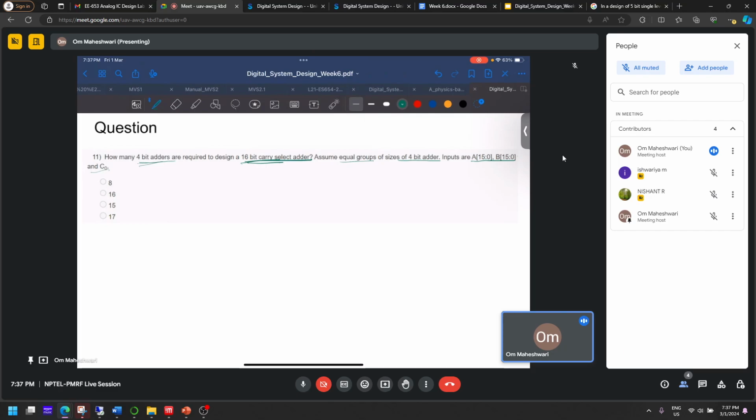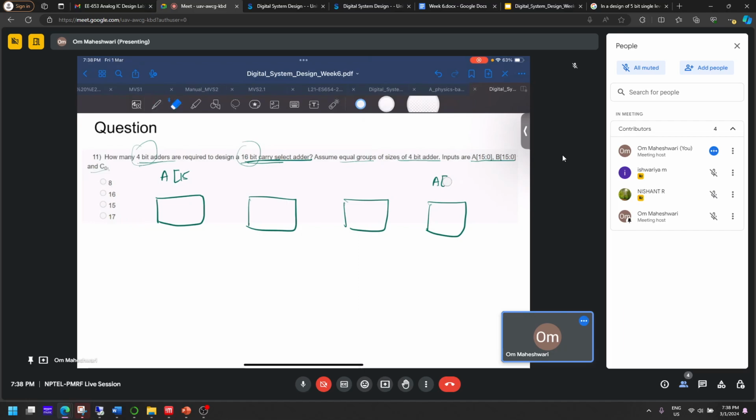So what we have is, let's say we have 4-bit adders. Like in general, we can say intuition is 16 by 4 is 4. So let us first try 4. Let's start from here. A3 to A0 and B3 to B0.